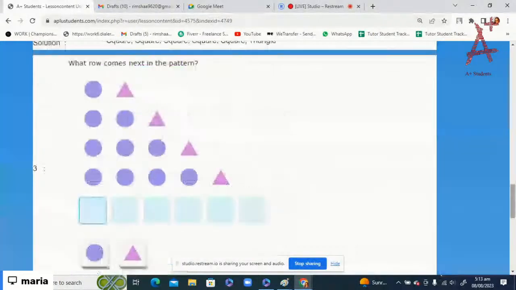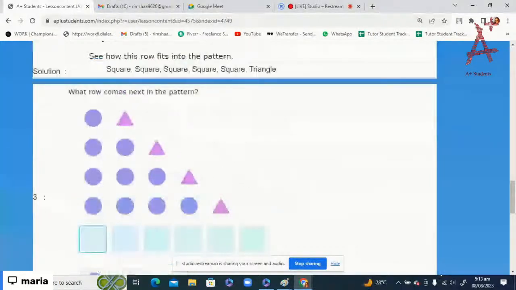Okay, let's check this pattern. What row comes next in the pattern? Circle, then triangle. One circle, one triangle in the first row.